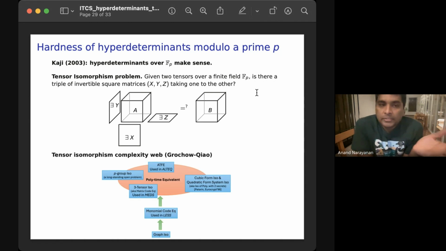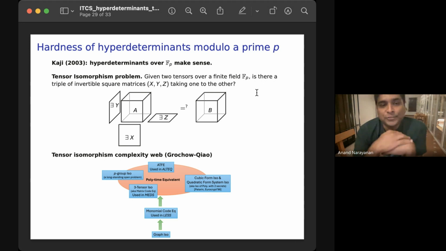So this is the tensor isomorphism problem. There is a close-knit reduction of some familiar problems and some new problems. A lot of these have found cryptographic applications, and at least three of them are foundations of very recent post-quantum signature schemes that were submitted to NIST.